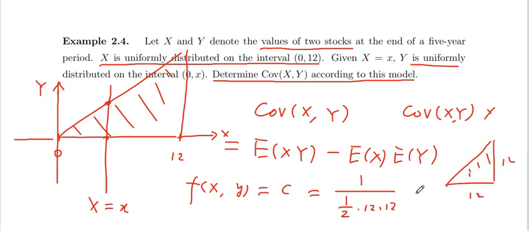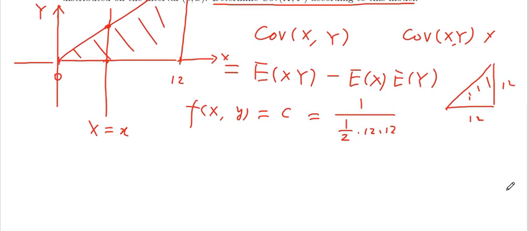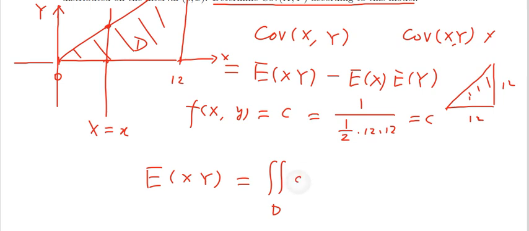Once we know the density function, finding the covariance is also easy. Let's find E[XY]. The integration total is d, the density is the constant, which we put as c. So E[XY] equals c times the integral of xy dx dy.